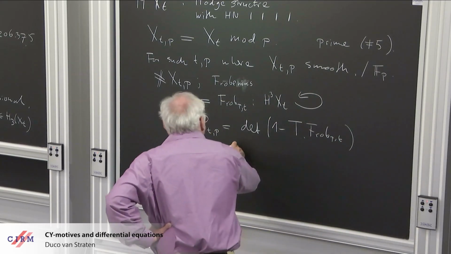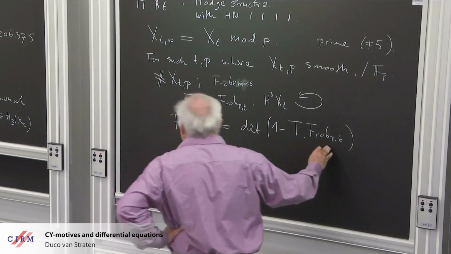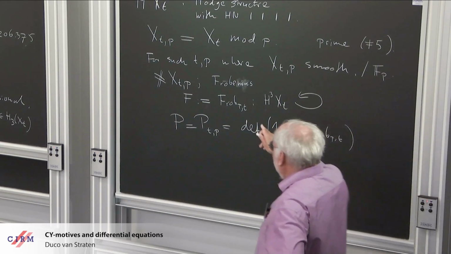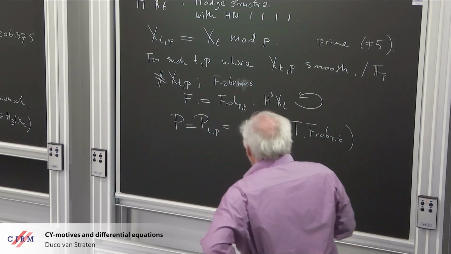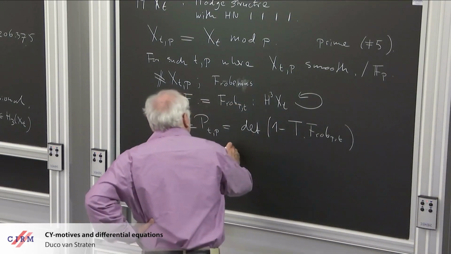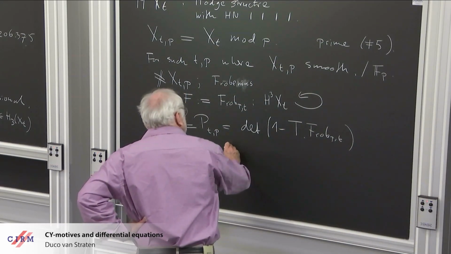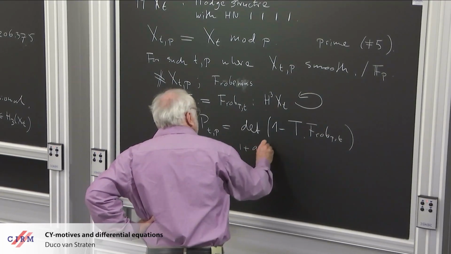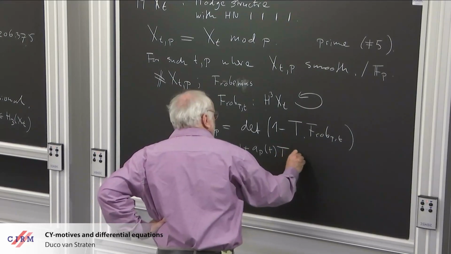This is a polynomial of degree 4 because it acts on a four-dimensional group. This can be represented as a 4 by 4 matrix. You take its determinant, so this is a polynomial of degree 4, and it will be of this shape.